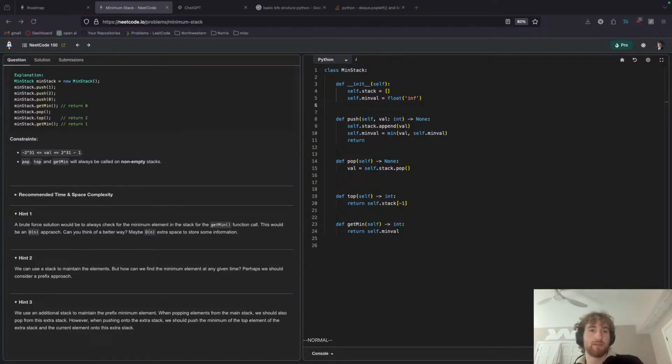To maintain the prefix minimum element? I don't know what that means.